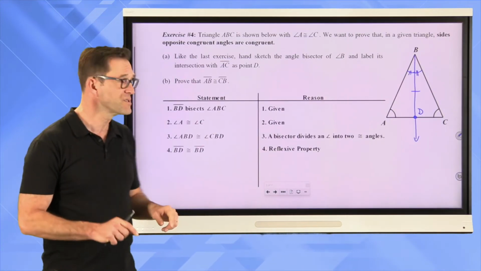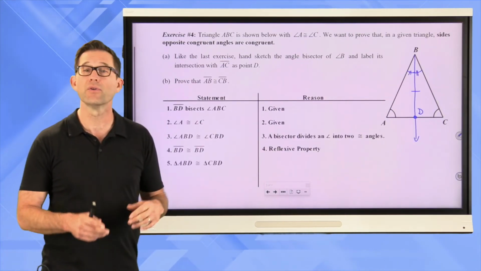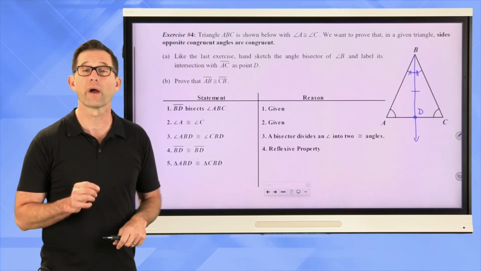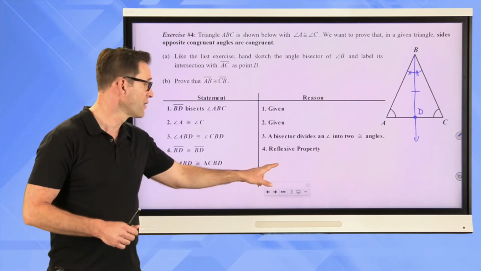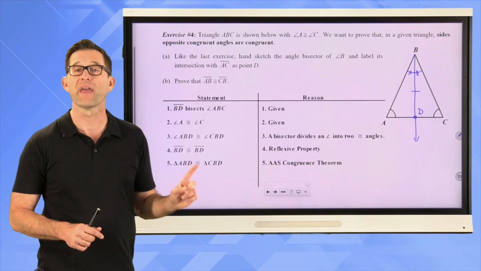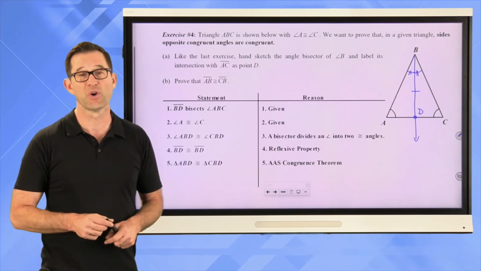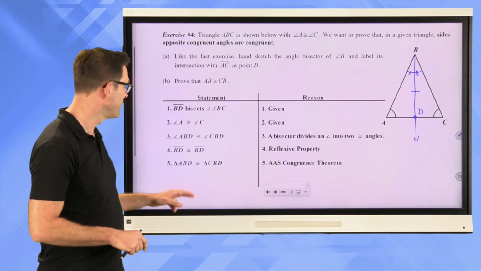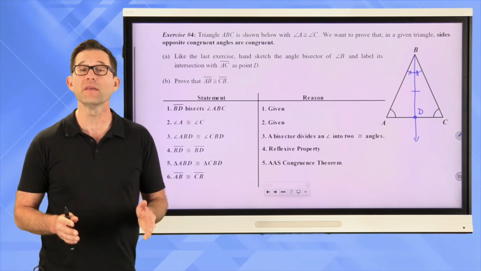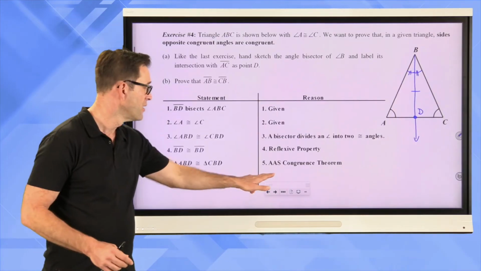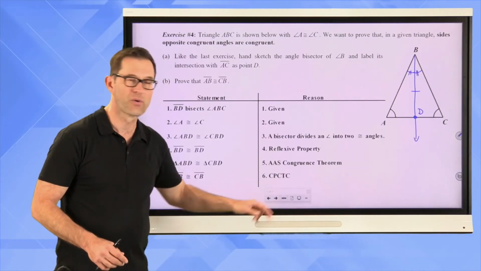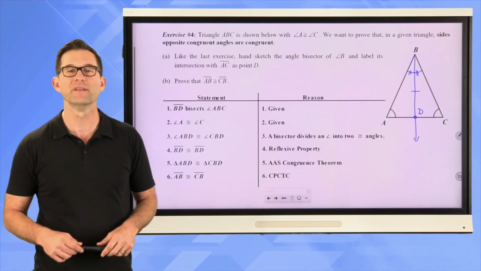And now, another big difference is we can now conclude that triangle ABD is congruent to triangle CBD, not by side angle side or angle side angle, but by the angle angle side congruence theorem, which, by the way, is why this is showing up in this lesson. All right, finally, we can conclude that AB is congruent to CB because corresponding parts of congruent triangles are congruent, CPCTC.